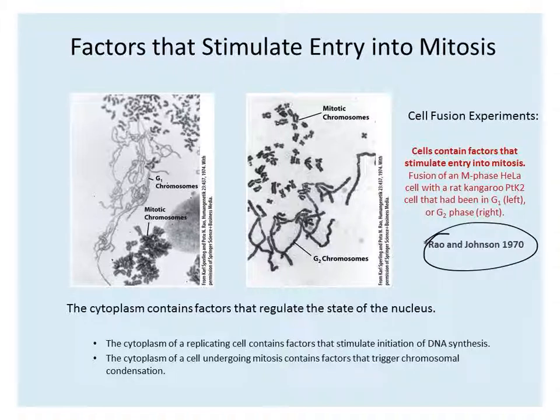And what they did to prove that certain factors or determinants were required is they fused two different cells together. They fused mitotic HeLa cells with another cell type, rat kangaroo PTK2 cells, that are at different stages.